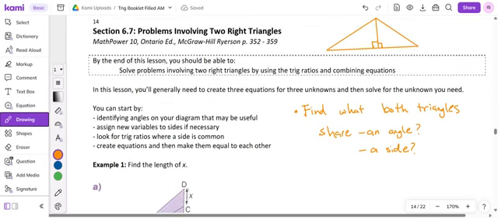And we're going to start by actually going back to page 10 and doing example 1 on page 10. Okay. Go to example 1 on page 10.